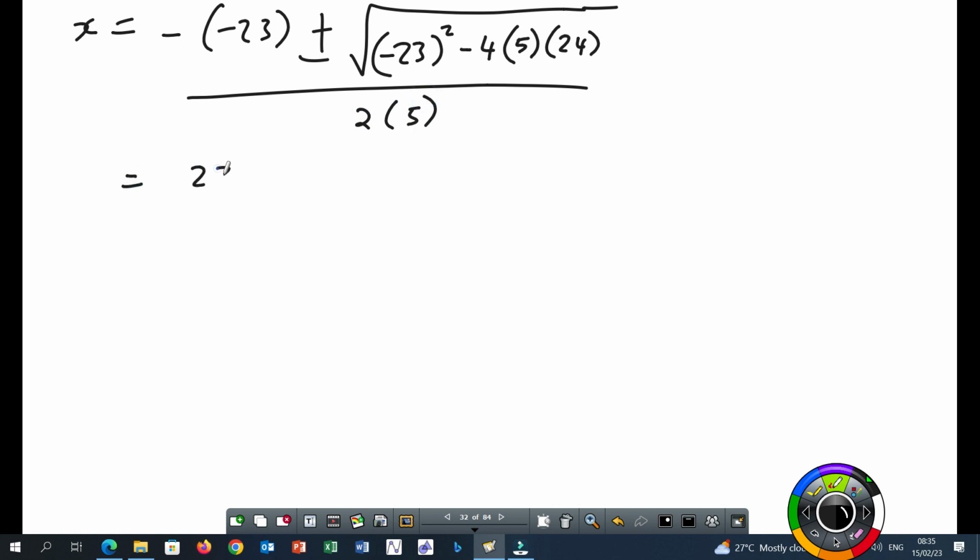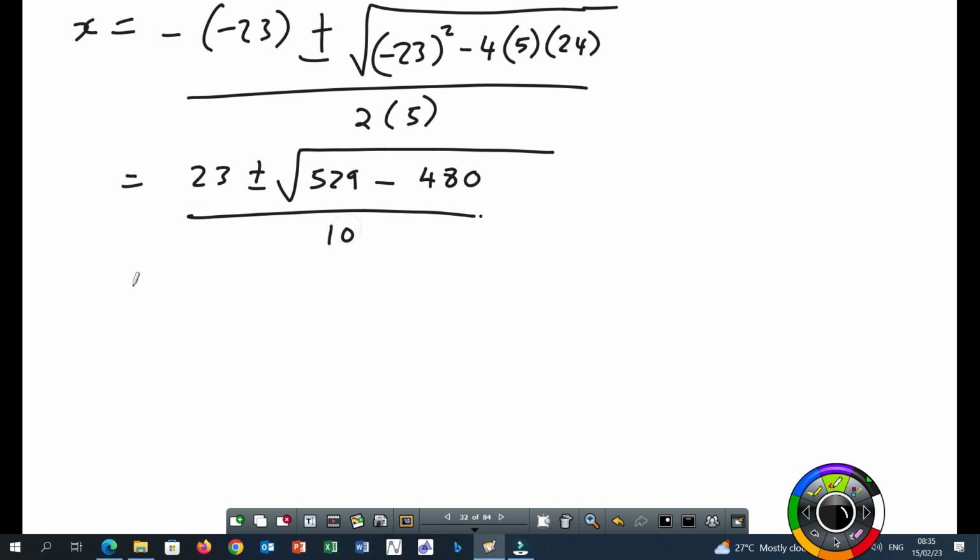So that will give me 23 plus or minus the square root of, what's 23 squared? So that will be 529 minus, that's 20 times 24, that will be 480. Okay, so that will be all over 10. So eventually, our discriminant is going to be a perfect square.